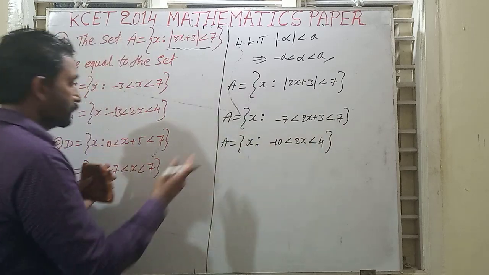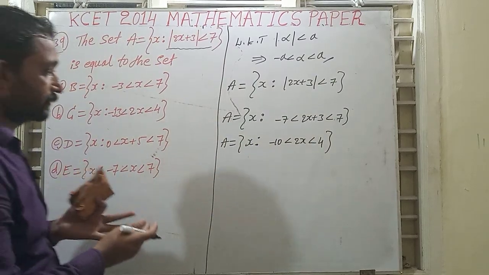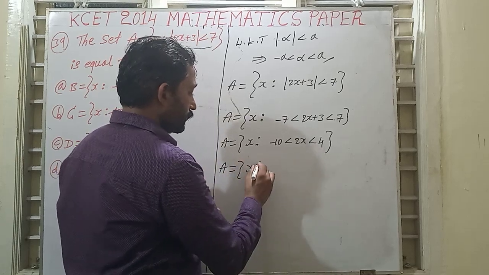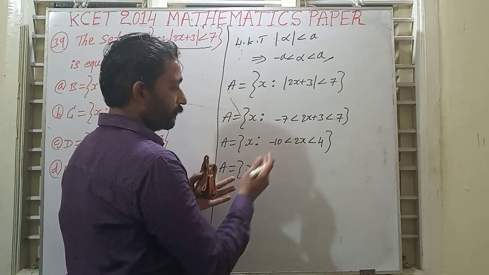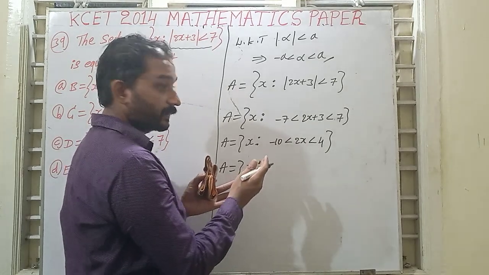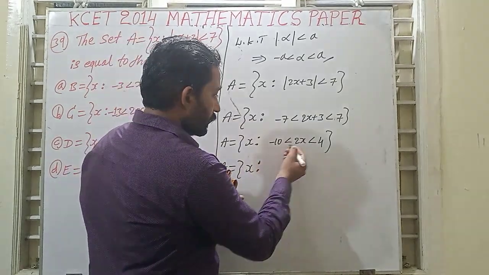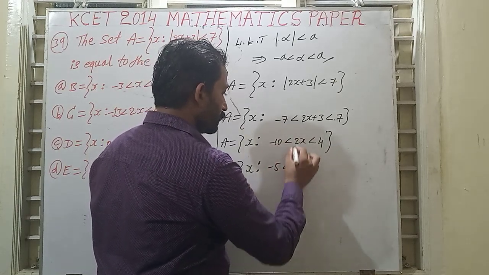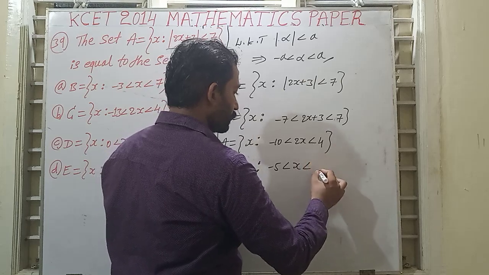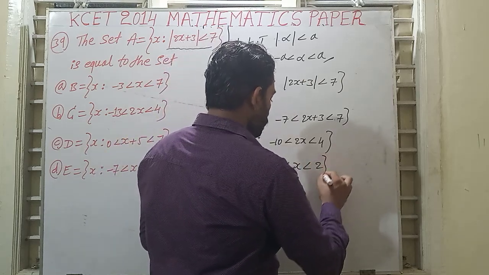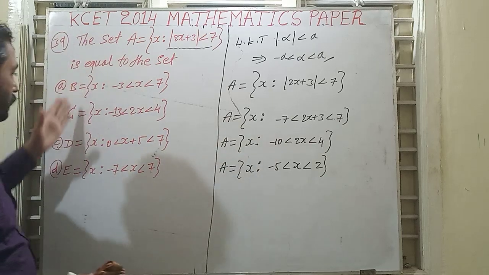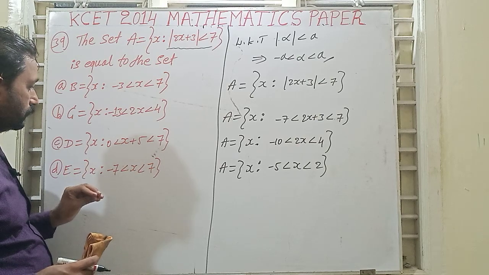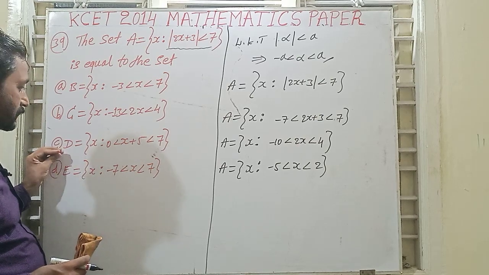No option matches this answer, so once again simplification is there. Next, for the x set, remove the 2. So divide all the terms by 2. Dividing by a positive number does not change the inequation. So dividing all the terms by 2: minus 10 by 2 is minus 5, less than x, less than 4 by 2, which is 2. Here also no option matches, so a small change is there. Maybe option C is correct.